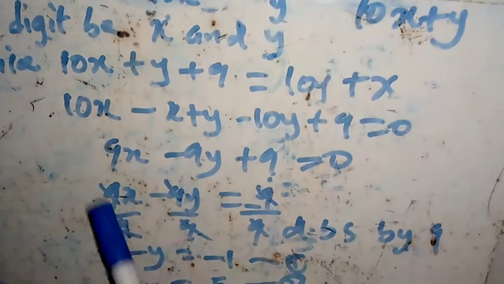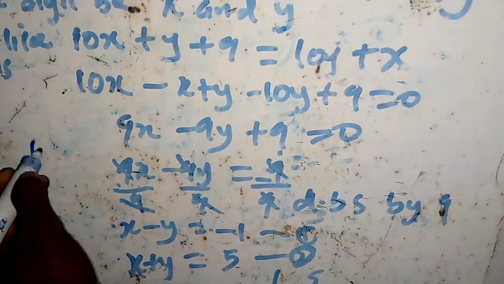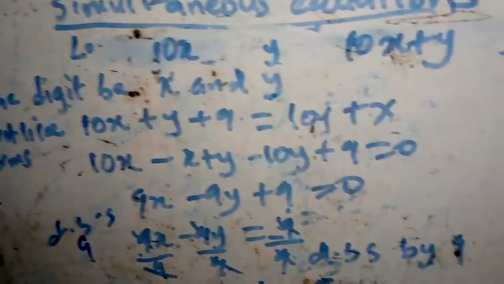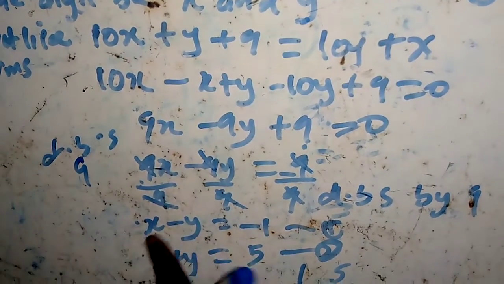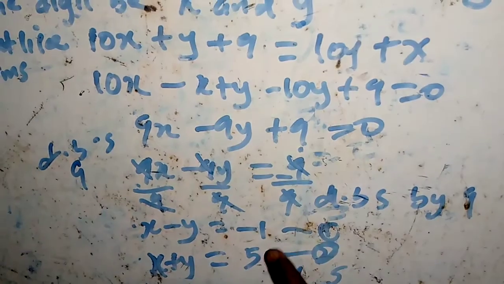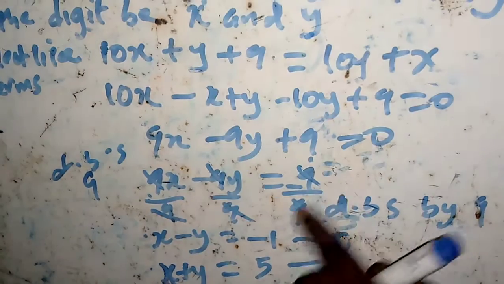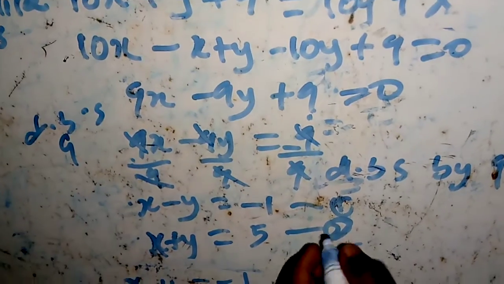So we divide all sides by 9. When we divide all sides by 9, what's left is x minus y equals, the 9 coming out turns to minus 9 over 9, which is minus 1. That's equation 1.